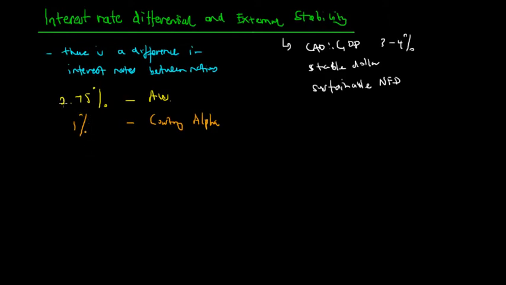So what this means is that foreign investors are most likely to put their money in Australia or invest in Australian shares, bonds and securities because of this higher interest rate, because they're getting a higher rate of return.